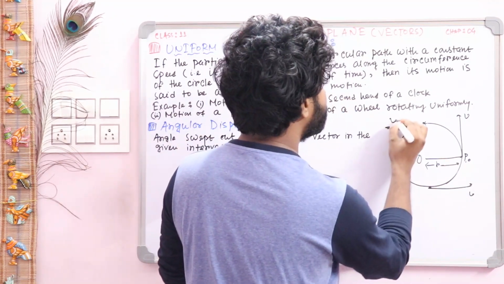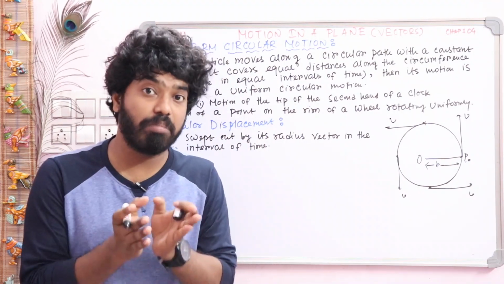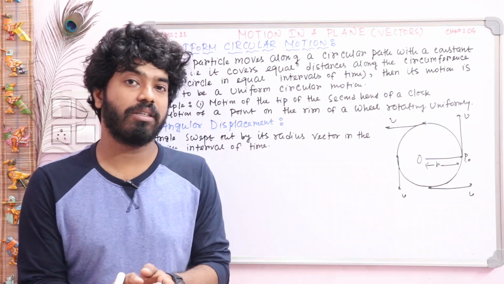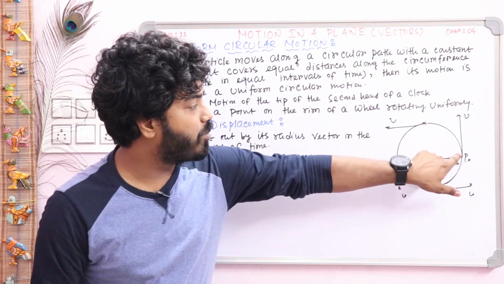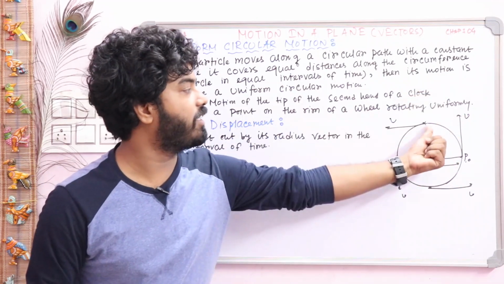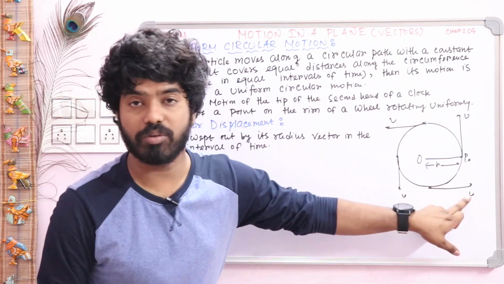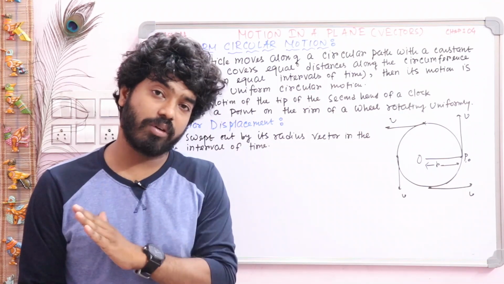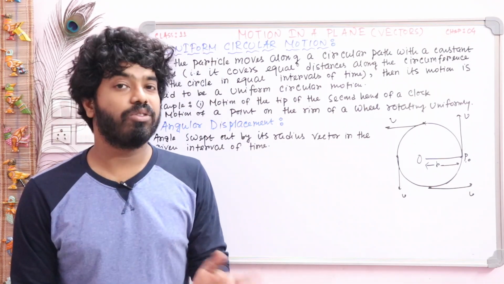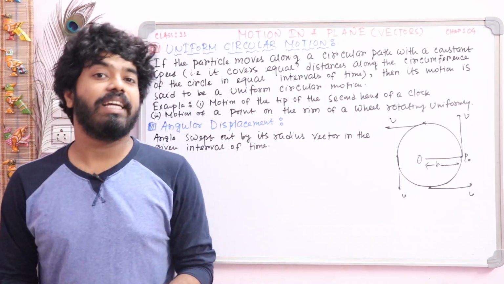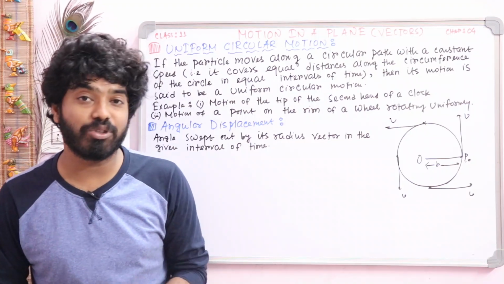In uniform circular motion, the speed of the body remains constant, but at every point the direction of motion of the body changes. At this point the direction is that side, at this point that side, and at this point this one. So speed remains constant, but its direction of motion changes with the passage of time. That's why uniform circular motion is an accelerated motion.